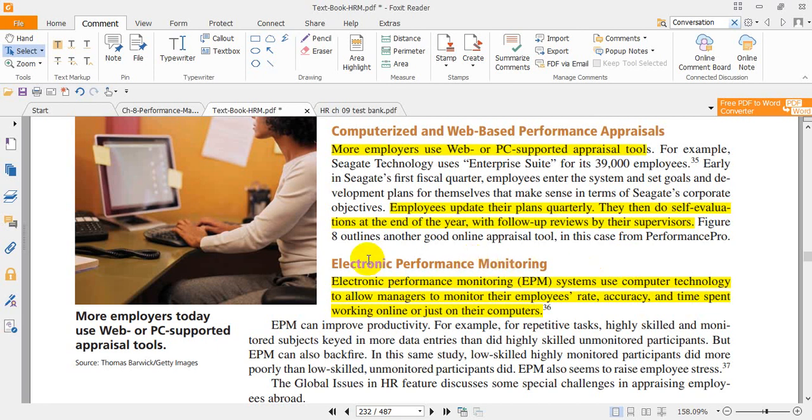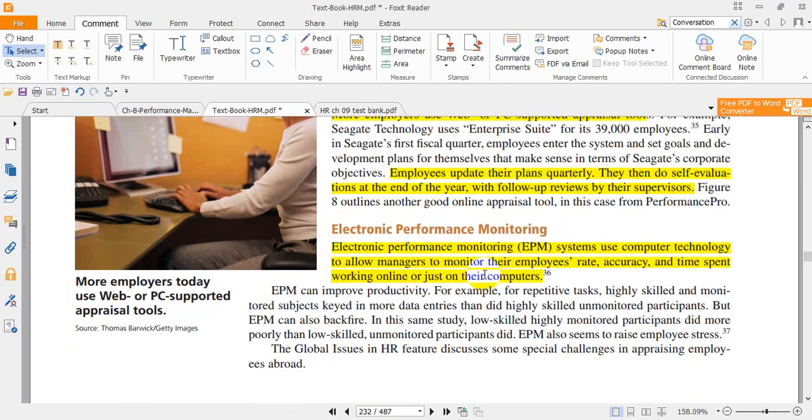Another method is electronic performance monitoring, EPM, electronic performance monitoring system. It uses computer technology to allow managers to monitor their employees' rate, accuracy, and time spent working online or just on their computers.